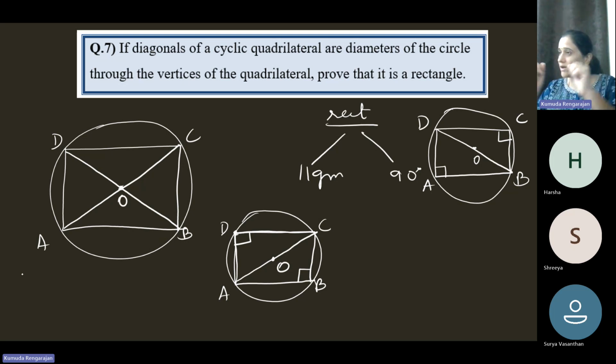But now that's over. Now AC and BD are the diagonals of the quadrilateral ABCD and O is the midpoint of both the diagonals. So they bisect each other. Hence, it's a parallelogram. One angle is 90 degrees because we have two diameters. So you can prove any one of the four angles to be 90 and hence it's a rectangle.